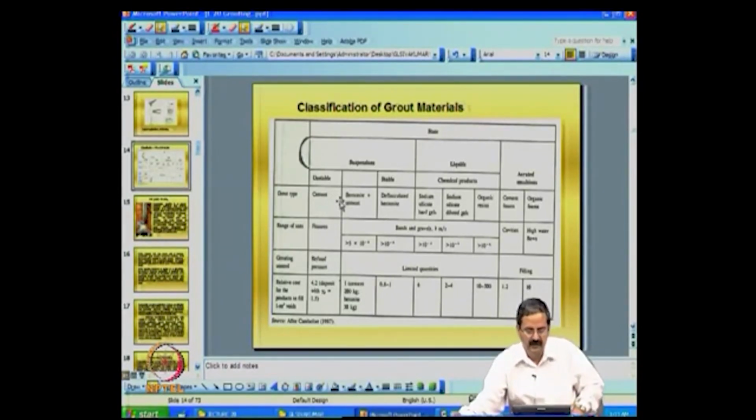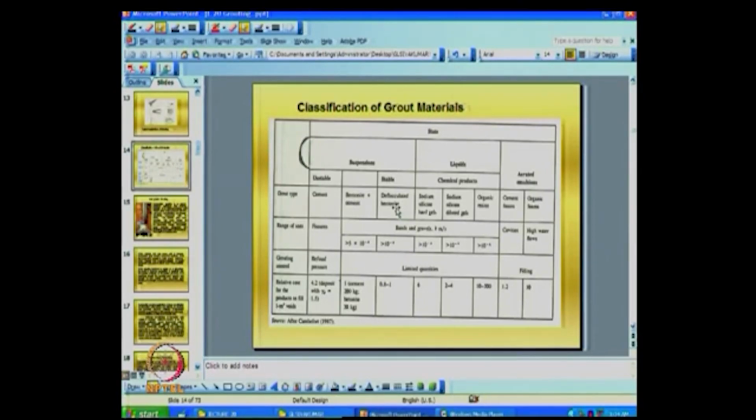If all the particles start setting only after they reach the desired depth, we call it stable. And that is the reason sometimes cement may not be completely like that. So, if you are able to have bentonite plus cement or a deflocculated bentonite, definitely it is a stable suspension.